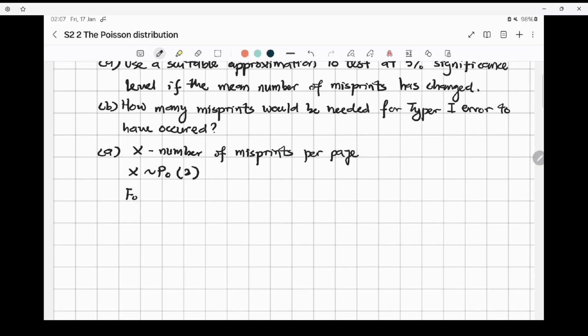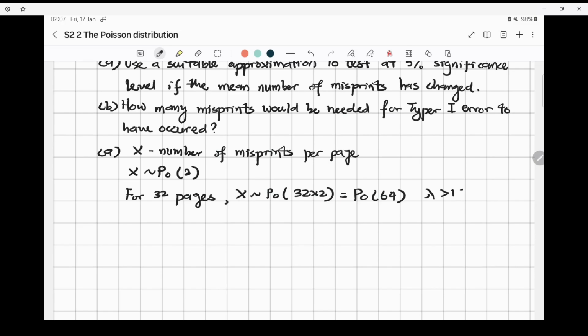So for 32 pages, your X should be 32 times 2, which is 64. So this makes use of the previous sections on trying to tell you if you are given a different interval, you convert it by ratio. So similarly over here, I convert it by ratio.